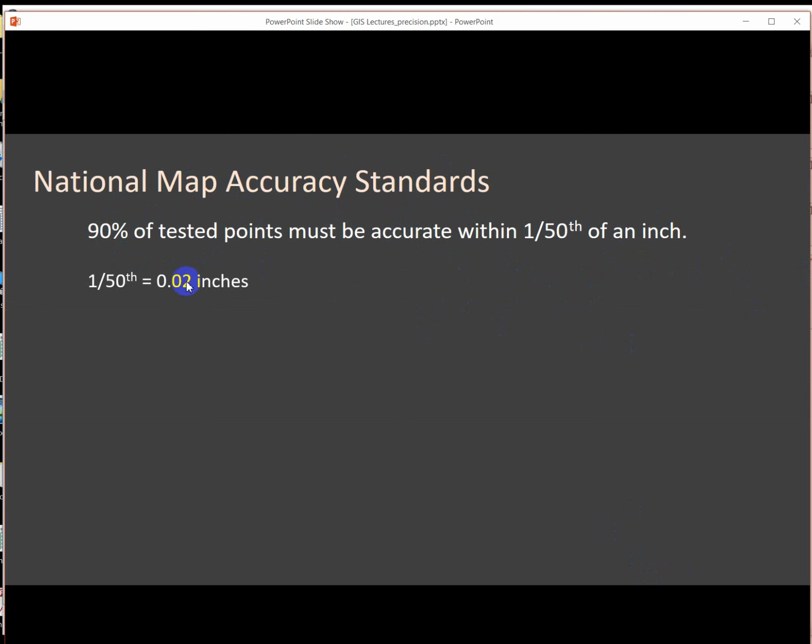Let's break that down. 1/50th of an inch is 0.02 inches. At 1 to 24,000 scale, we can determine our accuracy by multiplying it out like this. Multiplying 24,000 by the 1/50th of an inch, we get 480 inches. Divided by 12 inches to a foot, we get an accuracy of 40 feet.